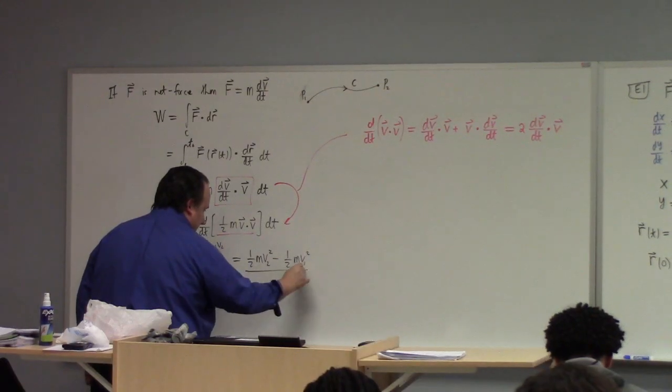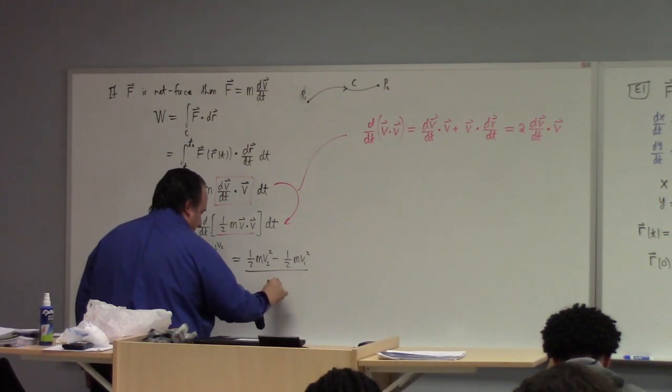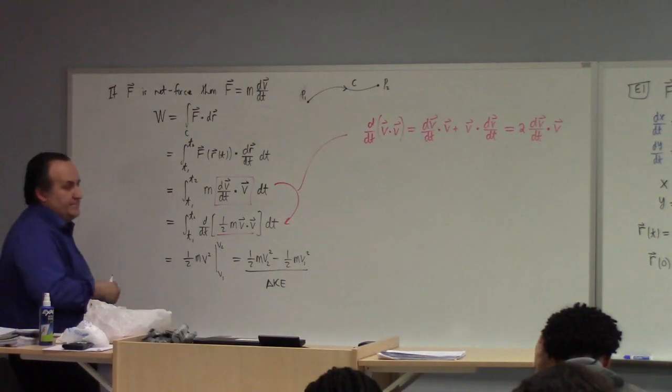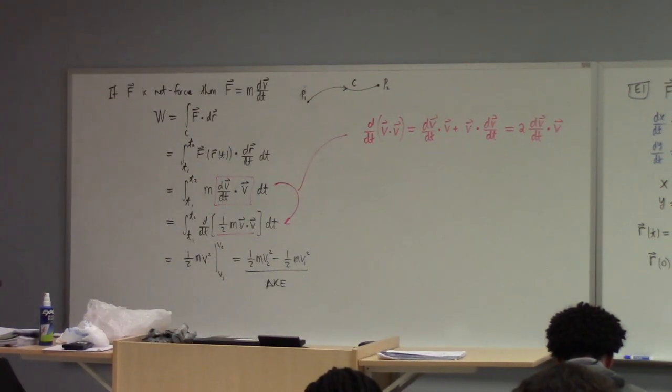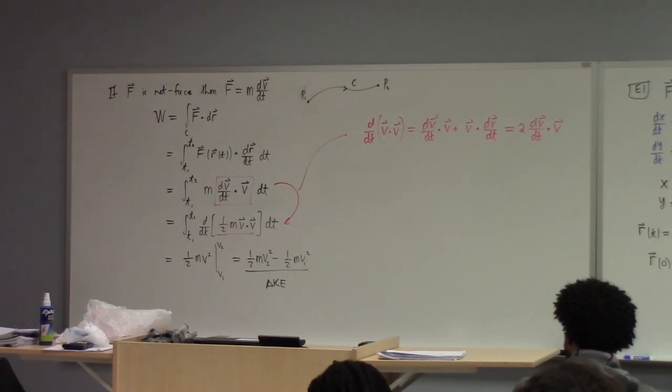You may recognize this as the change in the kinetic energy, right? This is the work energy theorem. So the work energy theorem holds as long as we're talking about the net force, and we do need the mass to be constant as well. If mass was not constant, then I'd have to think harder about all this, for sure.